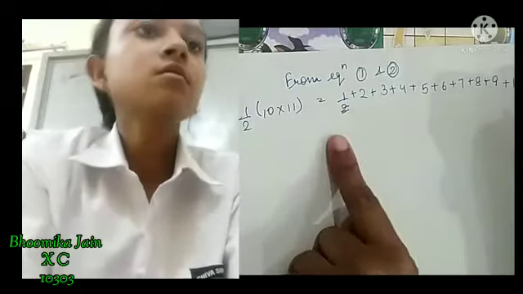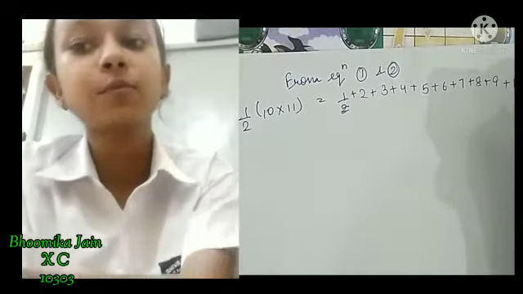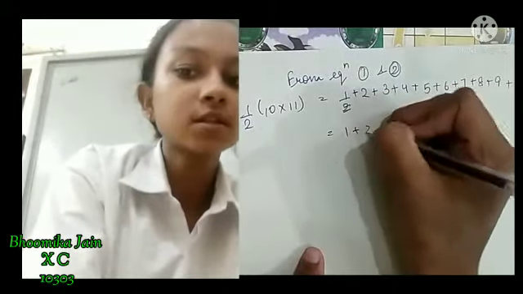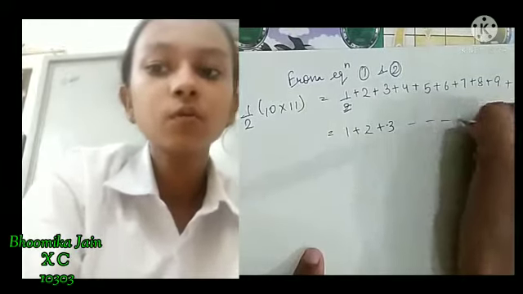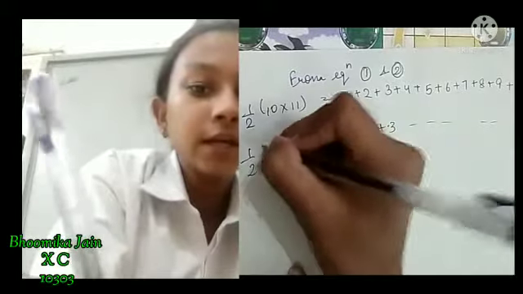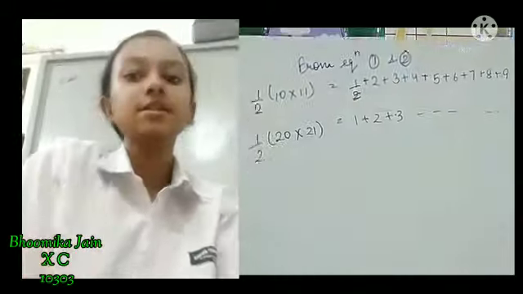And it will be so when we have to find up to 10. See, 1 plus 2 plus 3 and so on up to 20 will be 1 by 2, 20 into 21. This will be the same.